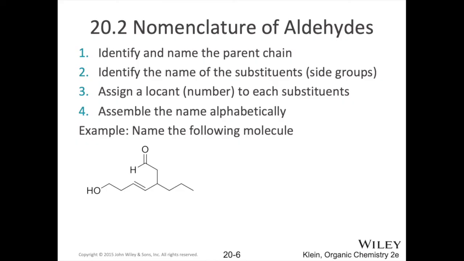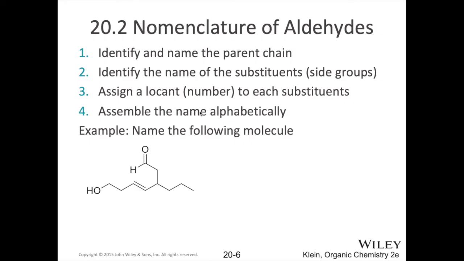So this is going to be a heptenal. Now, this alcohol group here, we're treating this as a substituent. If this were the main functional group, our name would end with "ol". Instead, we're going to use hydroxy as the prefix for this functional group.